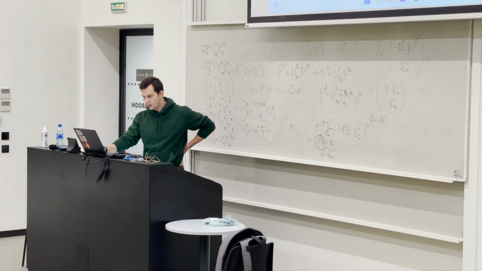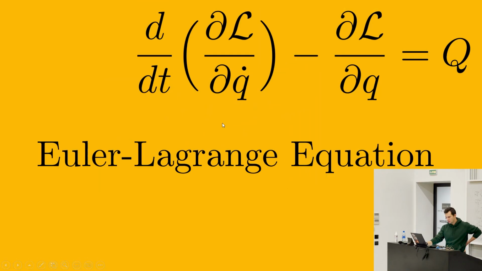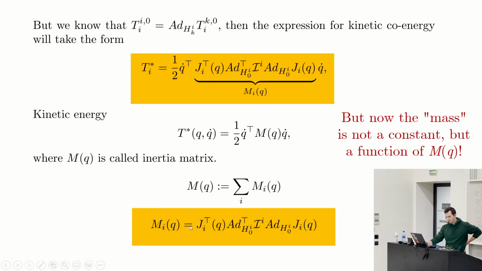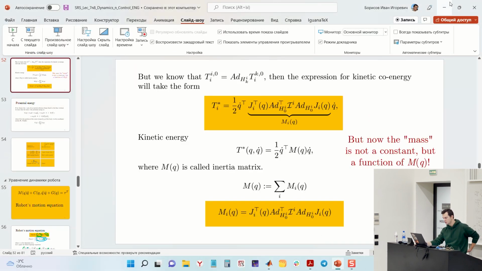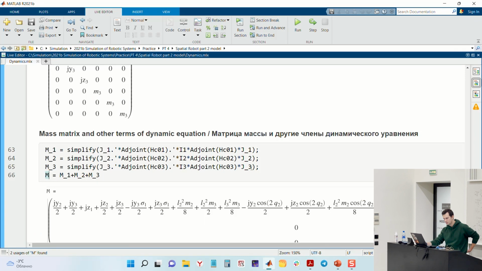Here we had the equation for M for just one link i. Its matrix will be equal to the corresponding Jacobian transpose times adjoint times the inertia tensor times adjoint times Jacobian, and this is exactly what you can see right here.